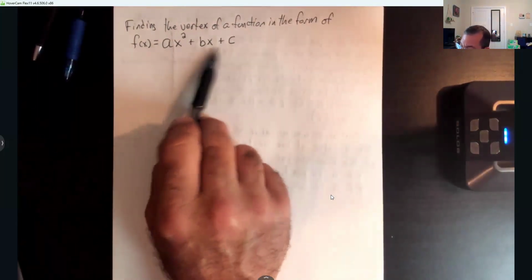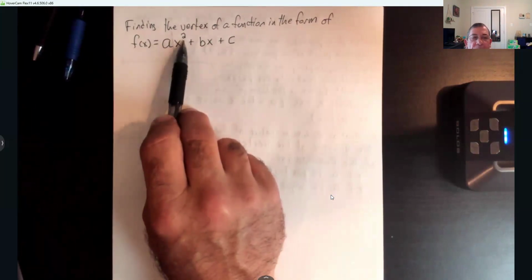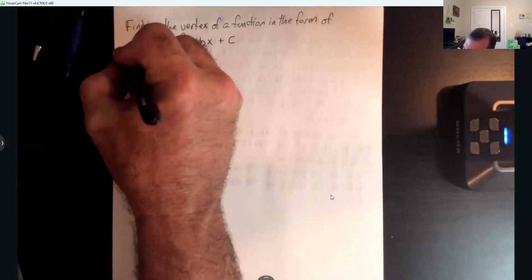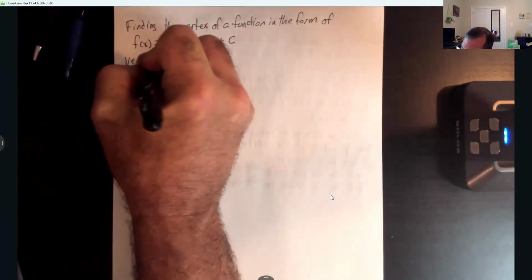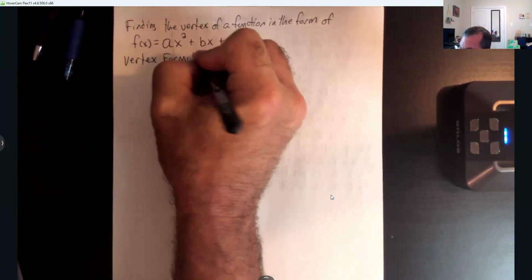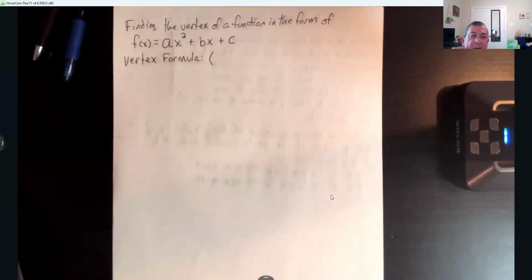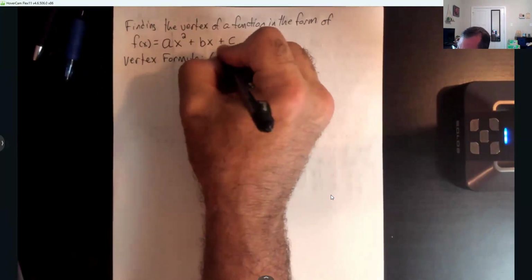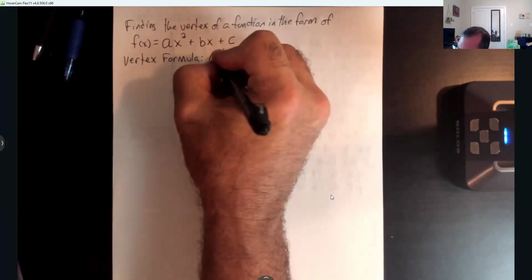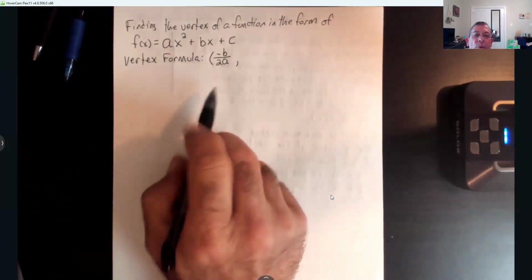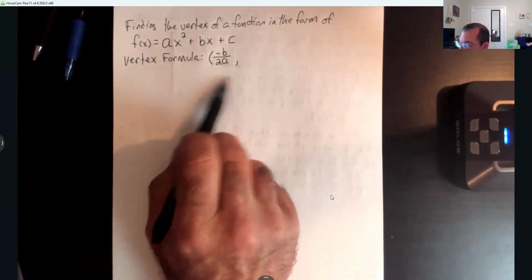Okay, so there's my quadratic, got the x squared term in here. To find the vertex, and remember the vertex is an ordered pair, to find the x value, we find negative b over 2a. Sort of similar to the quadratic formula the other day.